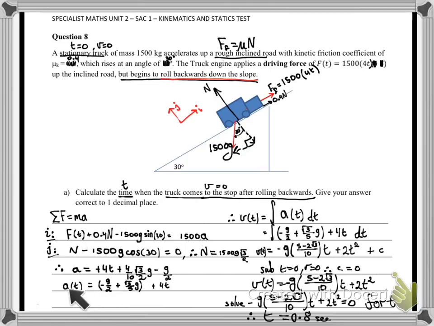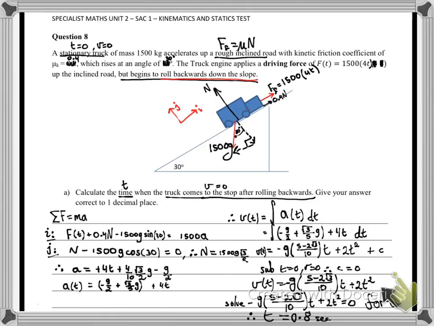Once you get acceleration, you find the antiderivative to get the velocity function. Once you have your velocity function with your plus c integration constant, you read the information to find your initial condition and substitute to work out what c needs to be. In this case, c is 0.